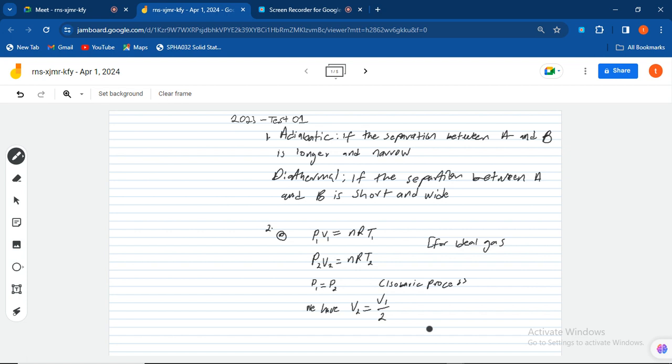The first one is P1 V1 equal to nRT1, this will be your first equation. Then P2 V2 equal to nRT2.